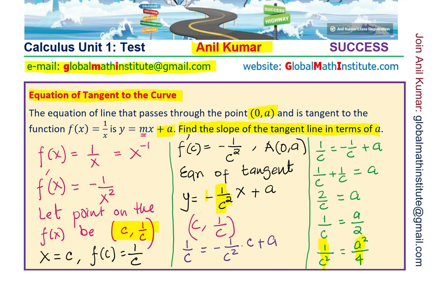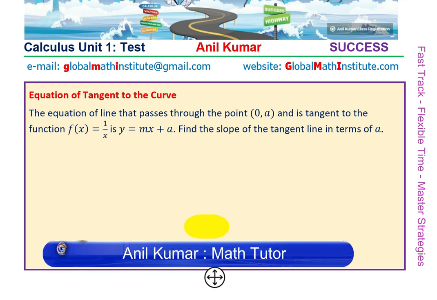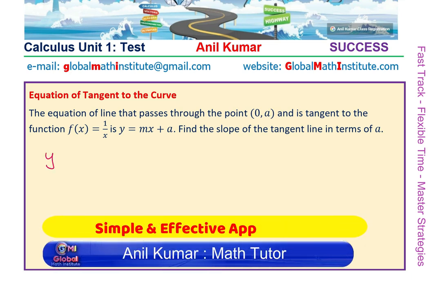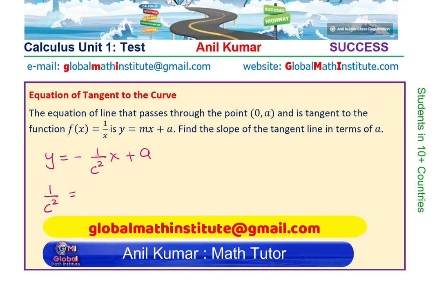So I'll just write it on a fresh page now. What we had earlier was the equation y equals minus 1 over c squared times x plus a, and we just found that 1 over c squared is equal to a squared over 4.